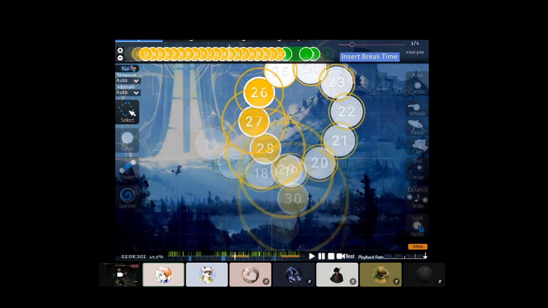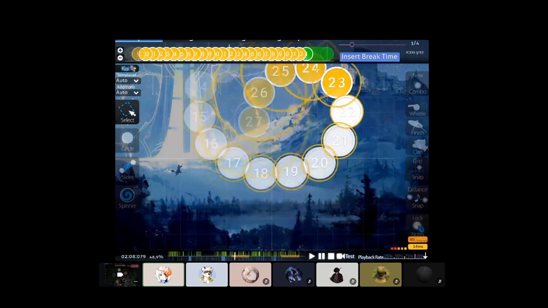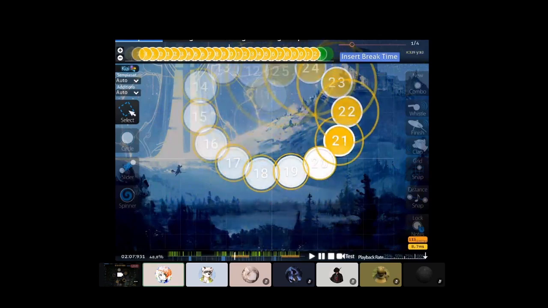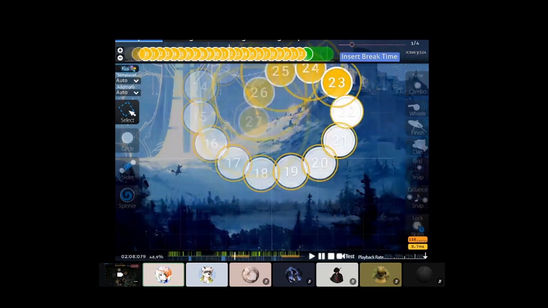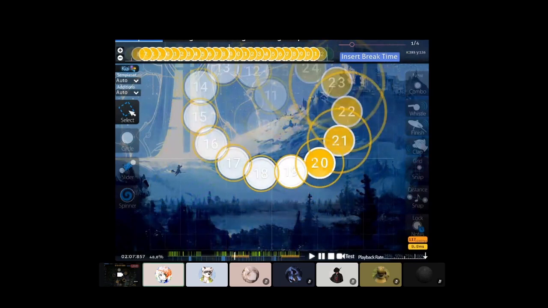And flow aim instead is just moving through everything with continuous motion, continuous acceleration or speed. Because streams are so dense, because the objects are so close together in rhythm and also in spacing, it seems the most intuitive for players to just smoothly move through everything.